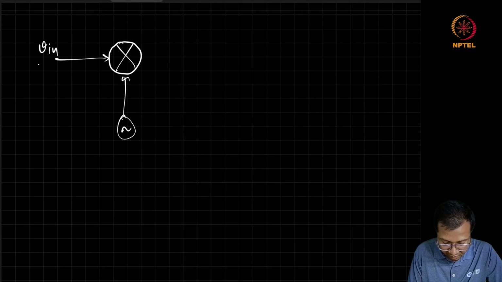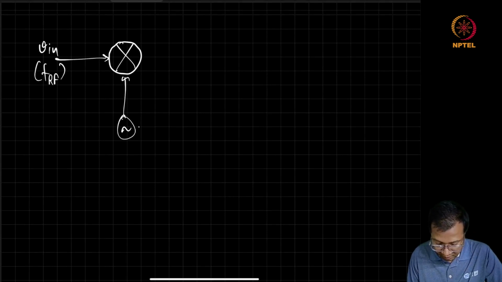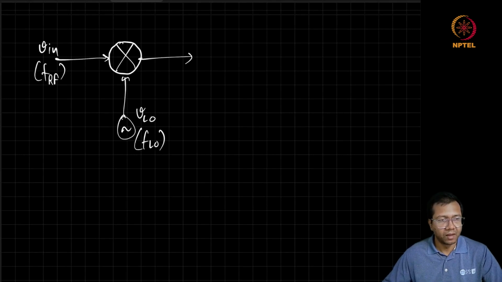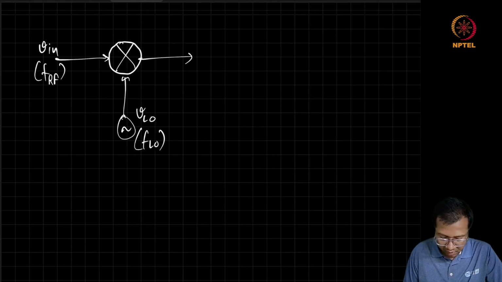The signal coming out of the oscillator is at FLO. We know that the output frequencies are going to be FRF plus FLO and FRF minus FLO.